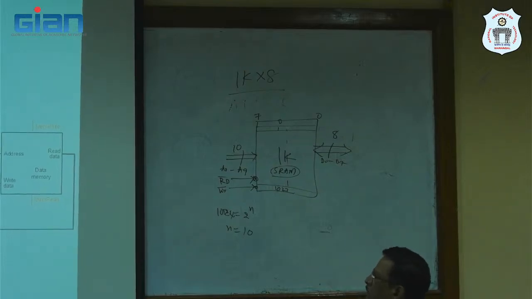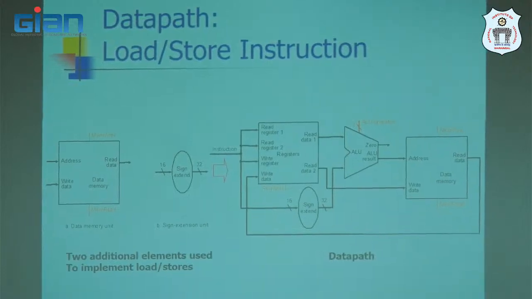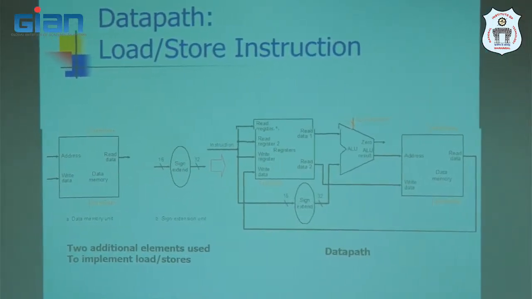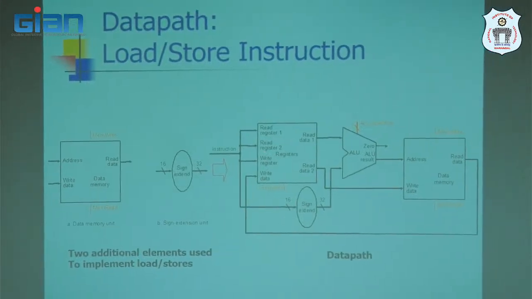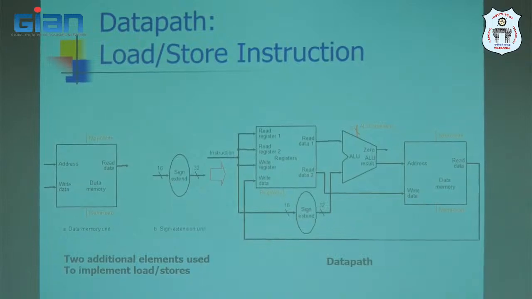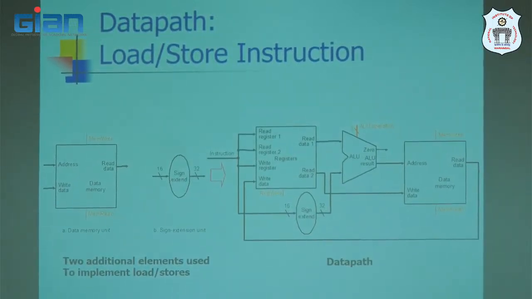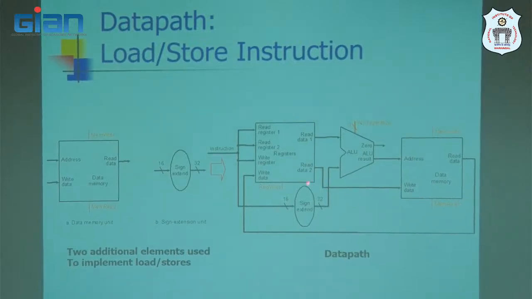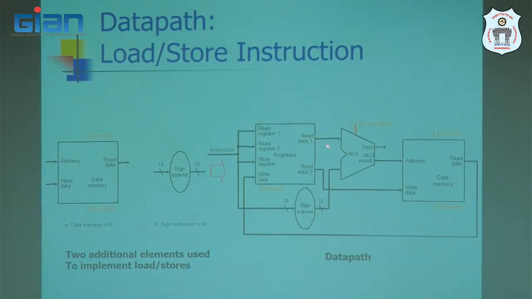Okay, so if you see here, the load instruction is reading data from memory, and the store instruction is writing data from register to memory. So how many read ports are required here?